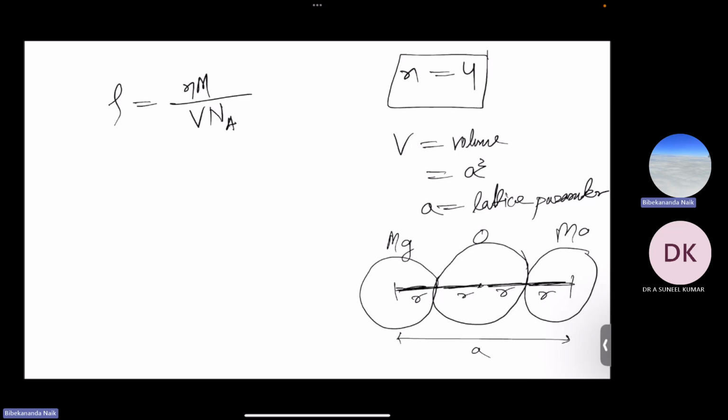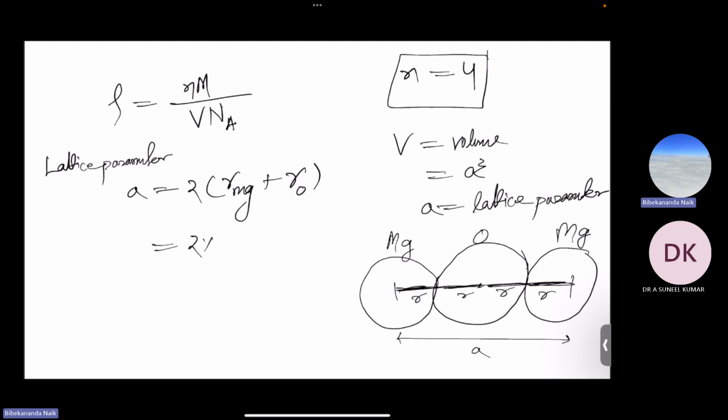So if you talk about the lattice parameter, the lattice parameter A will be 2 into radius of magnesium plus radius of oxygen. And the value is also given.